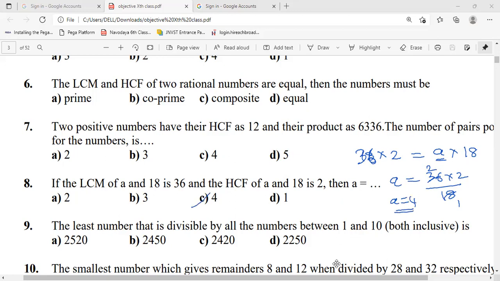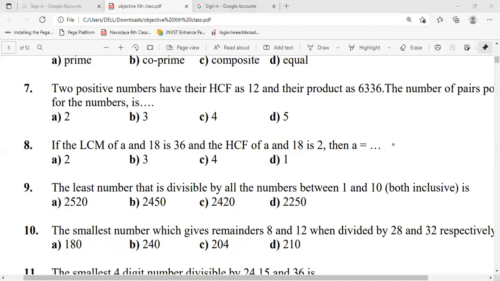Next question. You remember that formula, HCF into LCM is equal to the product of the given two numbers. Next, they're asking the least number that is divisible by all the numbers between 1 and 10. Between 1 and 10 means we have to exclude 10 and exclude 1. Obviously, every number is divisible by 1, and every number is divisible by 10 here.